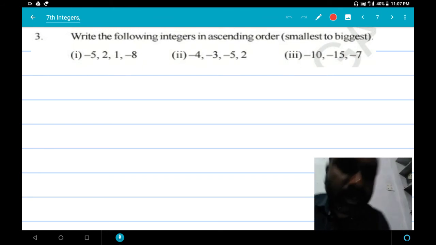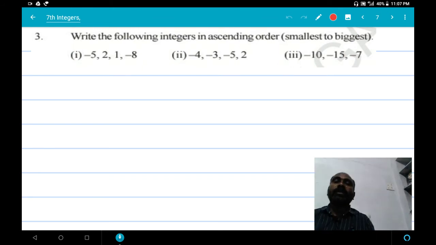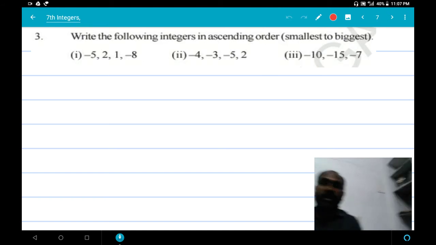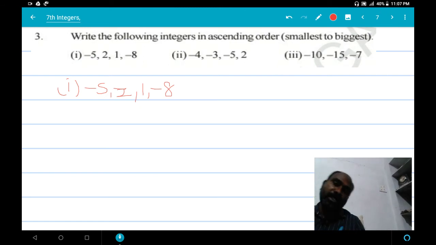Okay, next one. Here the first question is minus 5, 2, 1 and minus 8. Here ascending order means smallest to biggest.